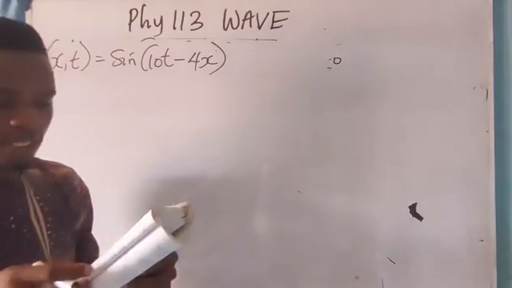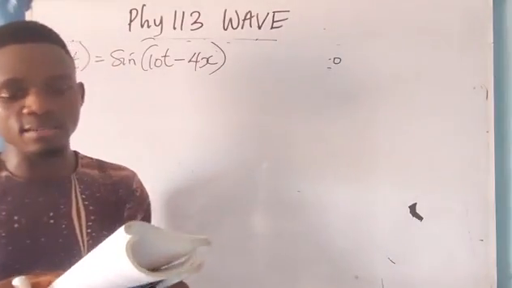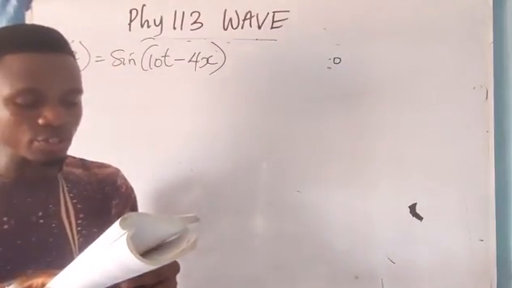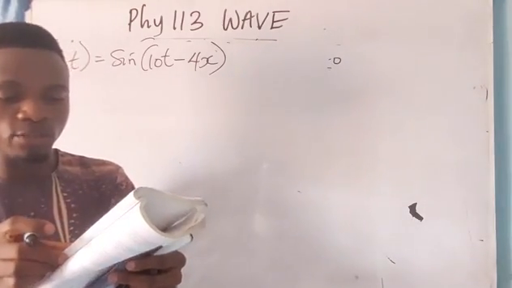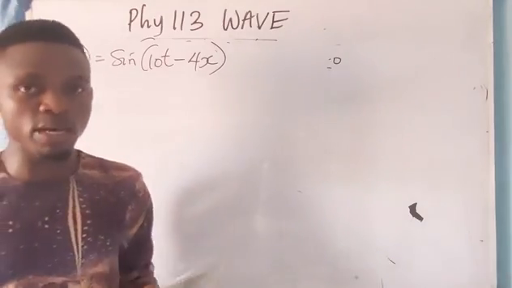If the displacement at a point is 0, what is the ratio of the phase velocity of the wave to the particle velocity at the same point?